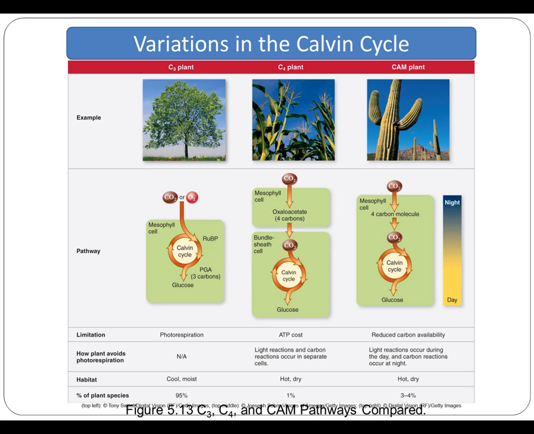What happens is, in these types of plants, during the night the stomata open, carbon dioxide enters, and it gets trapped and stored. It just gets stored in this 4-carbon molecule. Because the plant can't store carbon dioxide itself, but it can store it trapped in the 4-carbon molecule.